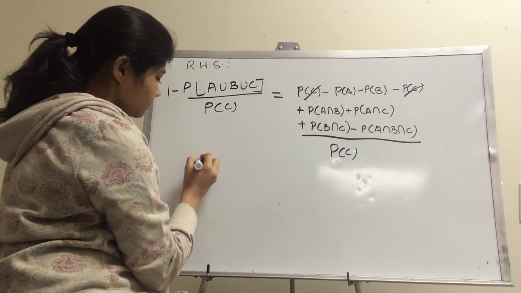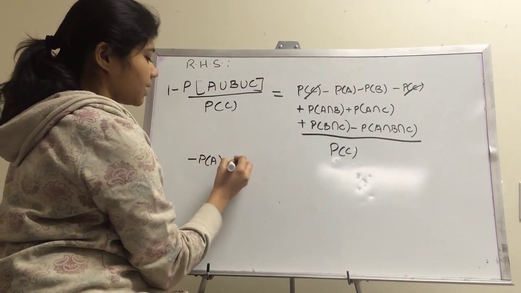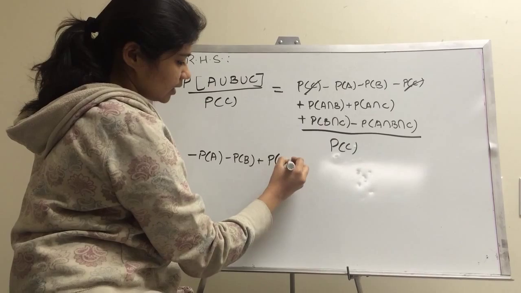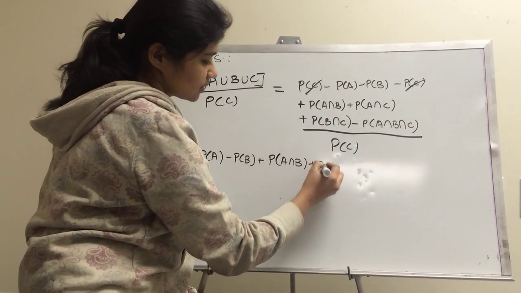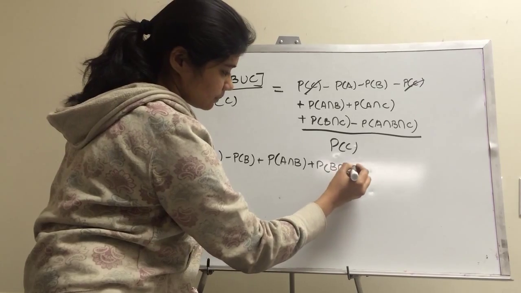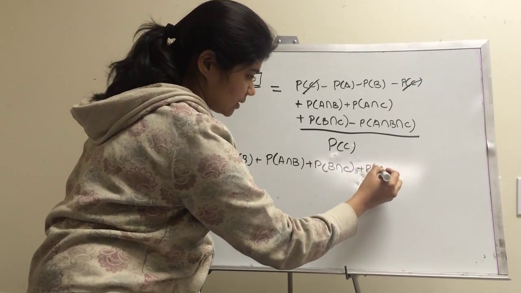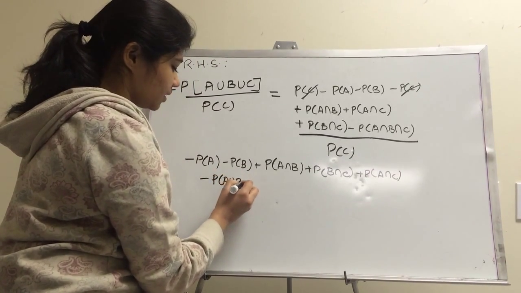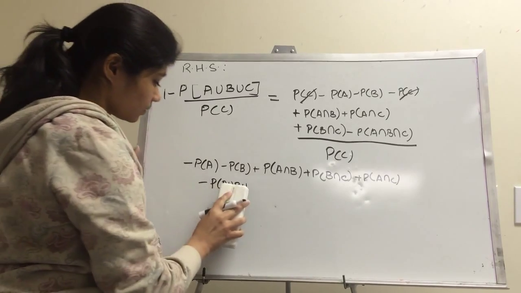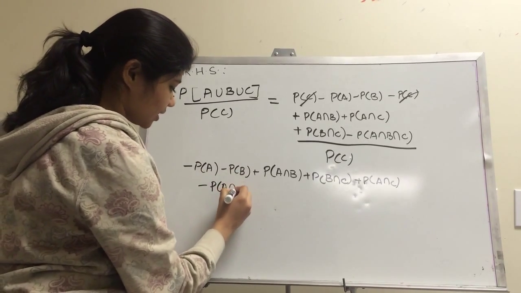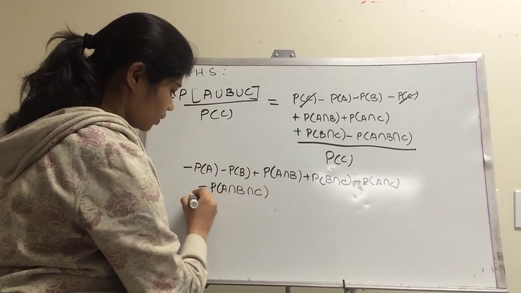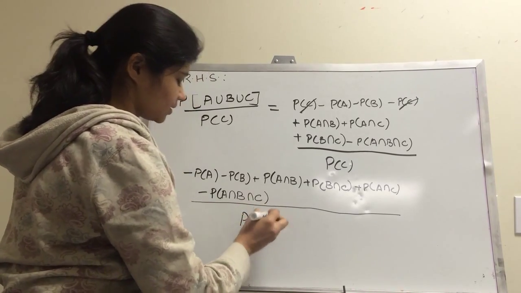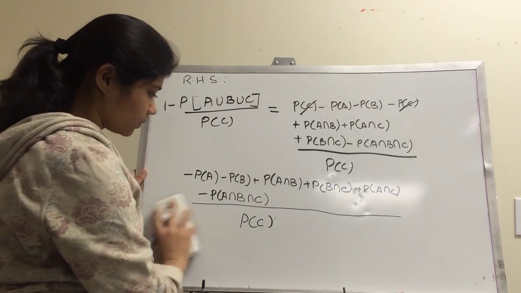which eventually gives me minus of probability of A minus probability of B plus probability of A intersection B plus probability of B intersection C plus probability of A intersection C minus probability of A intersection B intersection C, whole upon probability of C. This is my right hand side after solving.